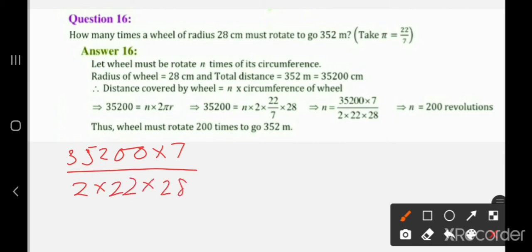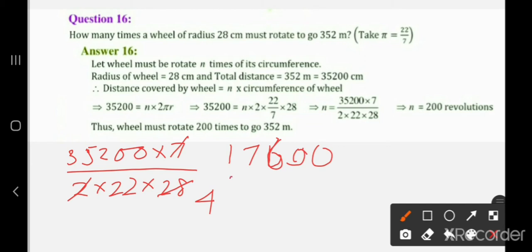So what you are doing is cancelling by 7: 7 fours are 28. Now cancelling 2: 2 ones are 2, 2 sevens are 14, then 2 ones are 2, then 2 sixes are 12. So we get 2 sixes are 12, 0 0, and divided by what is left, 22 into 4.